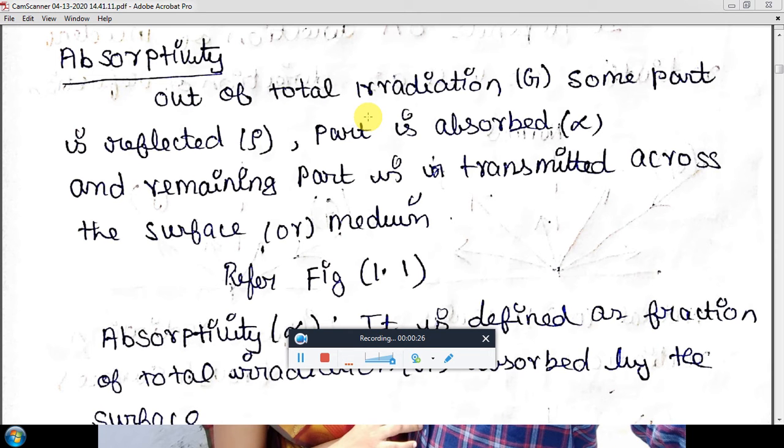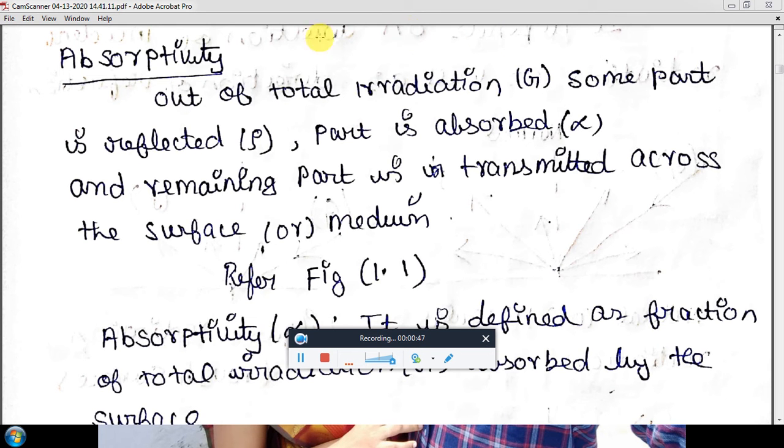It means simply we can state, if you take a 1 meter square surface area, a unit surface area, the amount of radiation that falls on the surface per second is called irradiation.